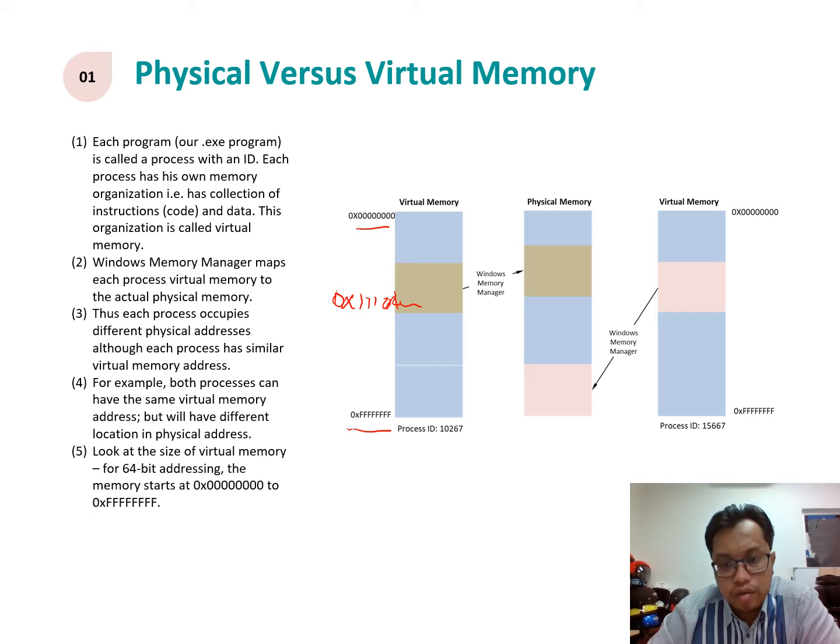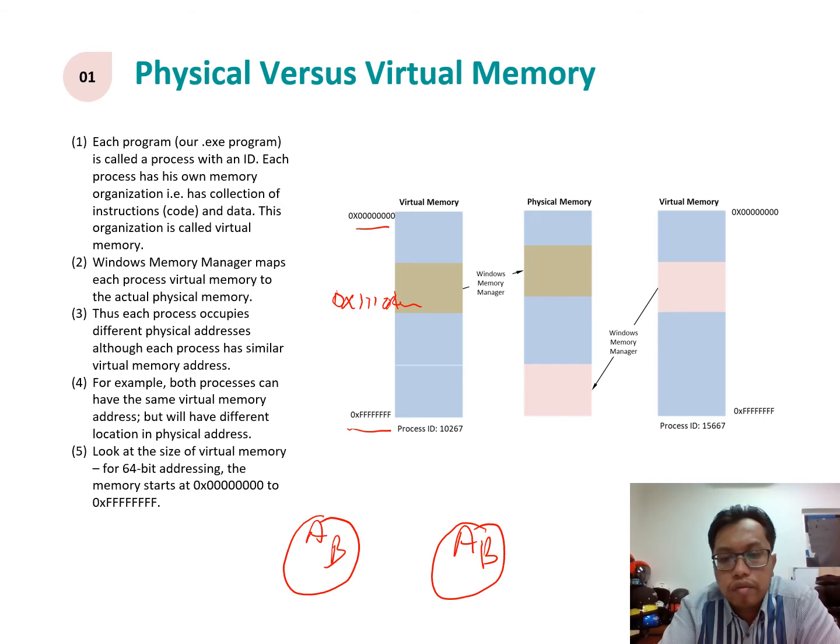Let's say that you have your own house with space, and you can organize your table here and your other things here, and another person may organize in the same manner.